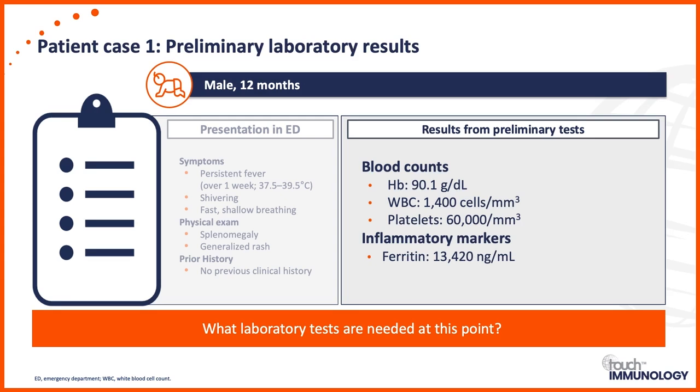The inflammatory markers in this child were, perhaps not surprising for this discussion, quite elevated. The ferritin was 13,000. These are the quick ones that turn around locally. So what additional laboratory tests would you want to obtain at this point?